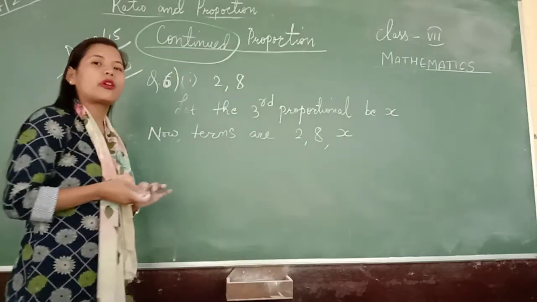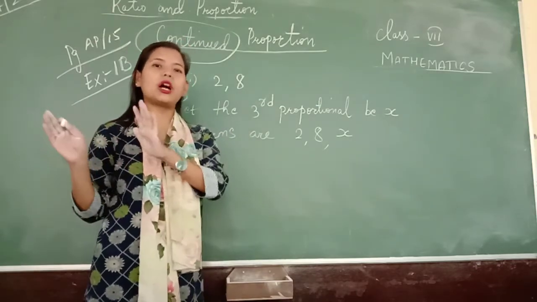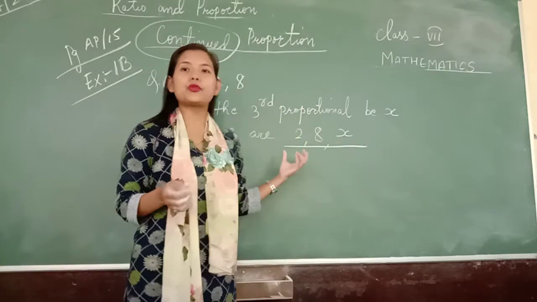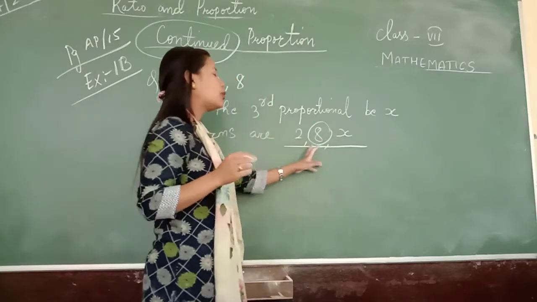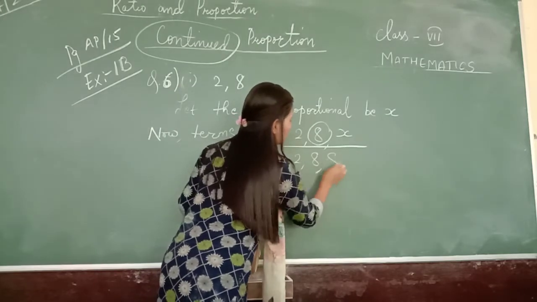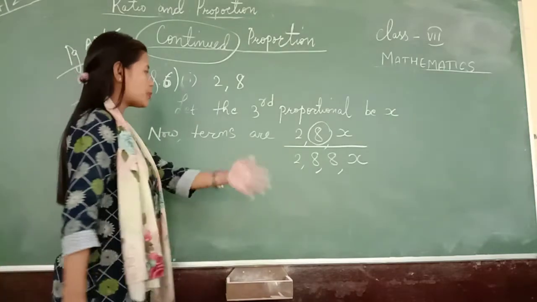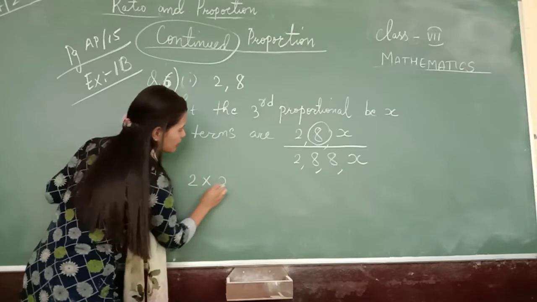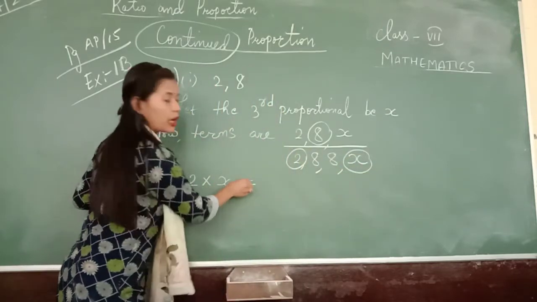Now we use the cross product rule, which says product of extremes is equal to product of means. Okay, so if you see here, because it is continued proportion, this term will play a role of both second and third term. So now we use the cross product rule here. So 2 into x, that is product of extremes, is equal to product of means.